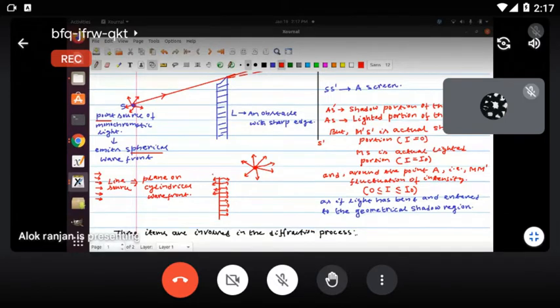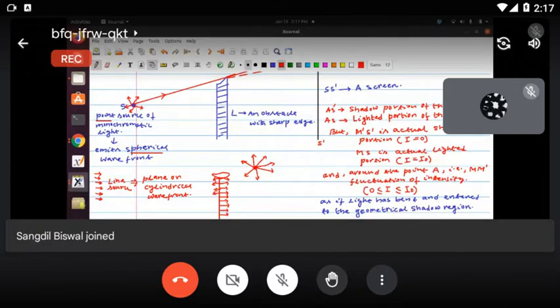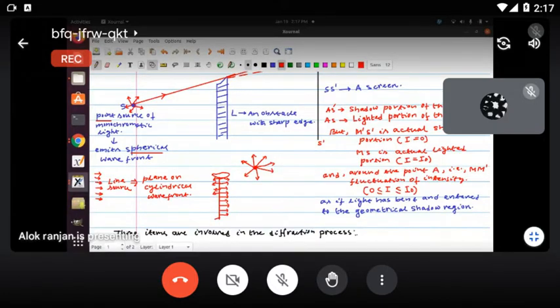And if you join it, then it will trace a circle at the top and bottom, and then we have a cylindrical wavefront, right? So it will expand into a cylinder.